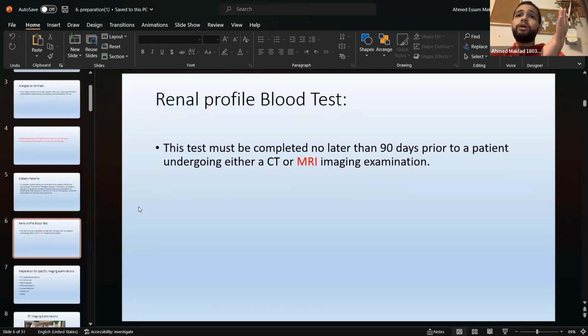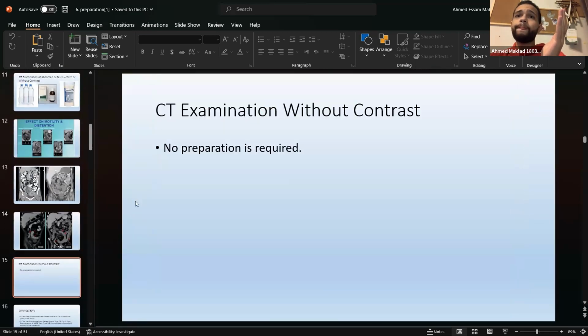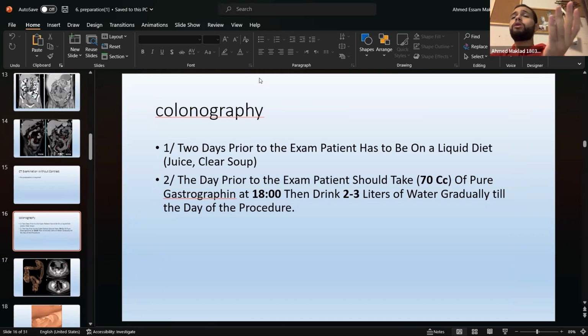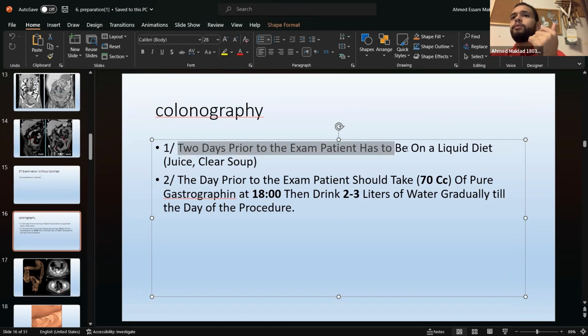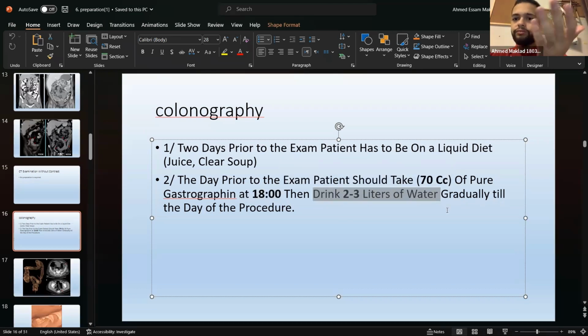So for example, in a colonography, it tells you that the patient should start fasting 2 days prior to the exam. The patient has to be on liquid diet, so only juices, clear soup, water, stuff like this, right? And then the day prior to the exam, the patient has to take gastrografin at 18 hour and then drink 2 to 3 liters of water.